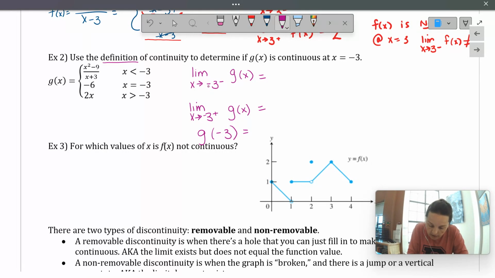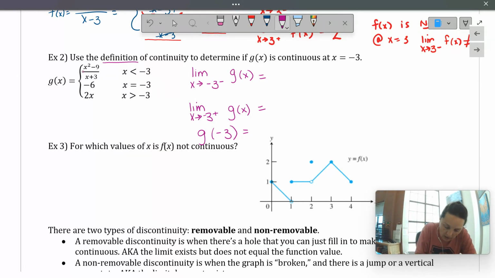All right, negative 3 from the left, so that's less than negative 3, which puts me right here. And if I plug negative 3 into that, I'm going to have 9 minus 9 over negative 3 plus 3. I'm going to have 0 over 0. But wait a second, I'm taking the limit. And if a limit goes to 0 over 0, I got to do a little bit more work.